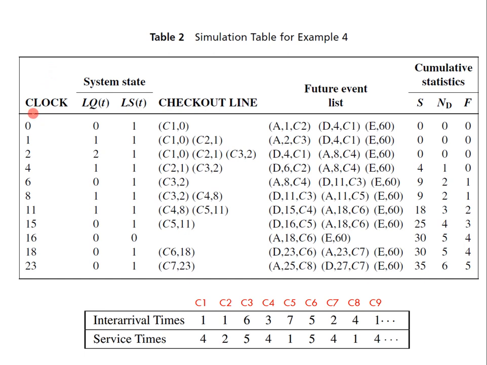The clock represents the time, the snapshot that we are taking of our current checkout system. And then we have the system state. Ni is the number of customers in the queue, and then the number of customers being served.